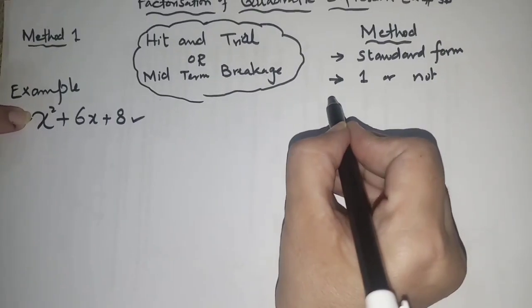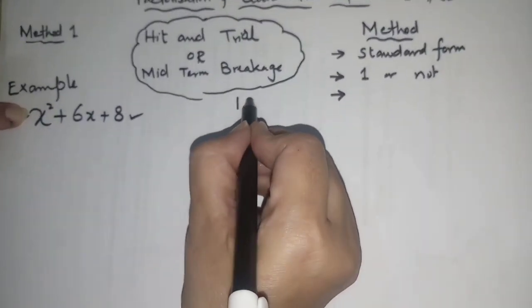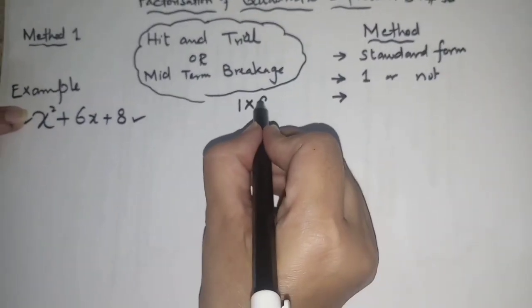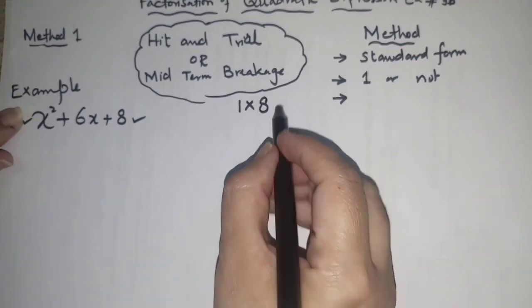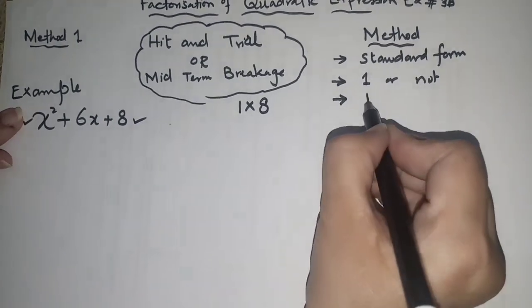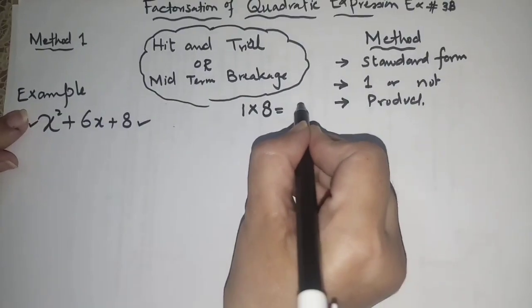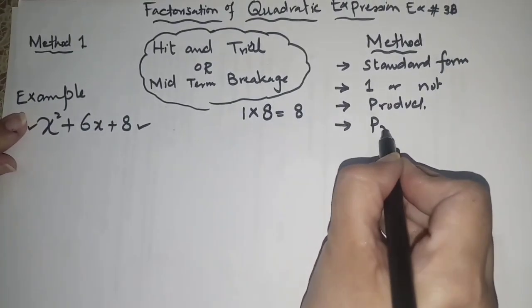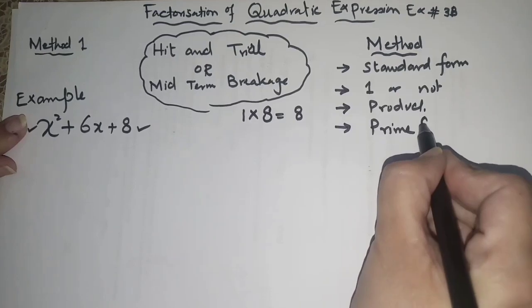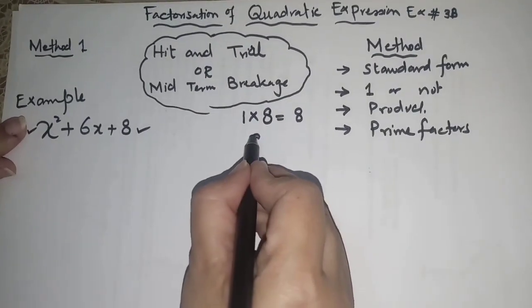What we have to do in the next step is multiply the coefficient with the constant. When I multiply the coefficient of the square term with the constant, my product comes 8. Now I have to make the list of prime factors of that product.